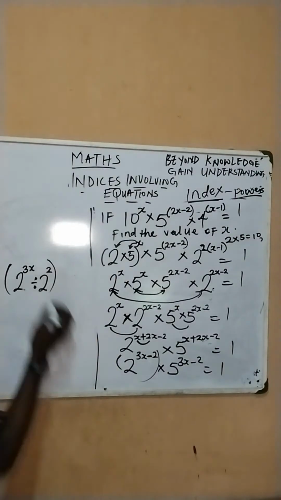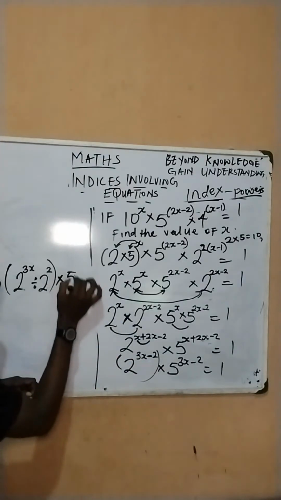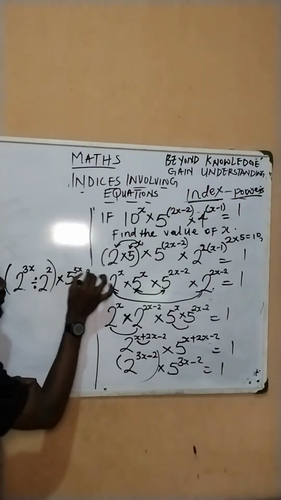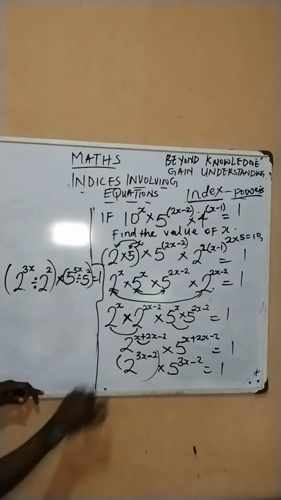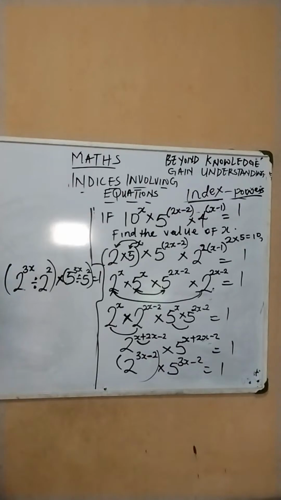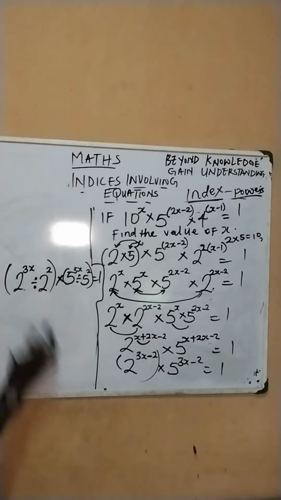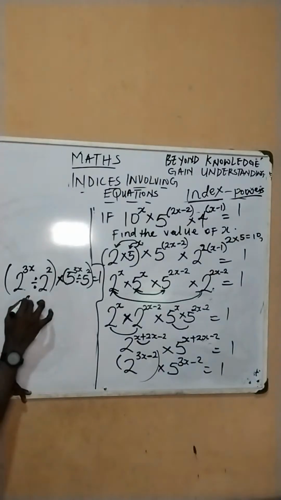So this becomes times 5 raised to the power of 3x divided by 5 raised to the power of 2. Same process. Everything here equals 1. Once I get to this point, what am I going to do? I'm going to change this division. The traditional way of writing division is 2 raised to the power of 3x.